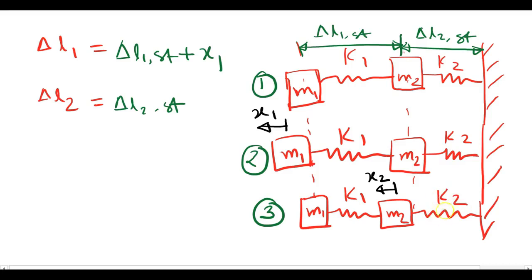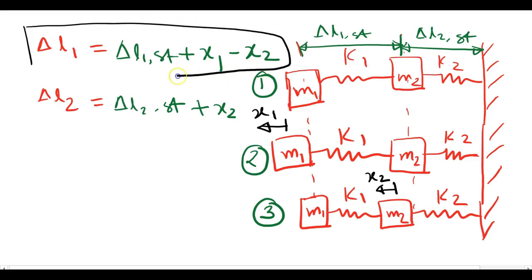So for spring 2, it will be extended, so we write for this case spring 2 as del L2 static plus x2, plus because the spring is extended, and x2 because M2 has a displacement x2. Now spring 1 will be compressed or shortened. So in the equation of spring 1, we write negative x2. Negative because it is shortened, and x2 because the displacement of mass is x2.